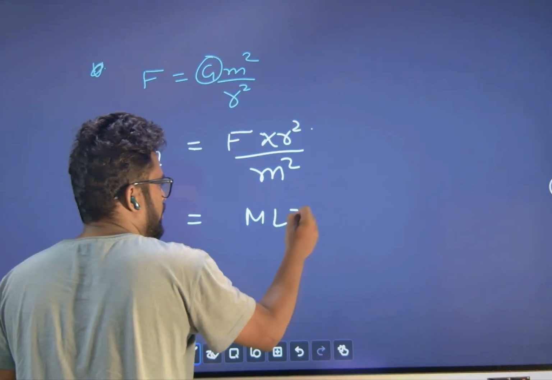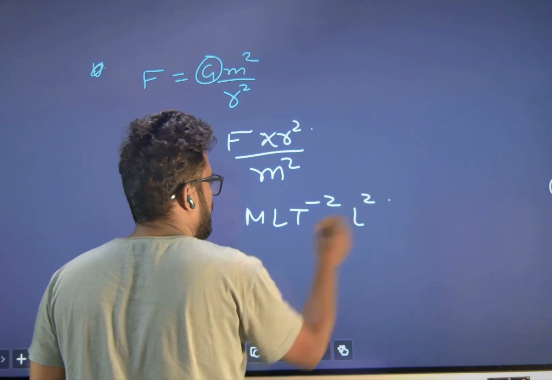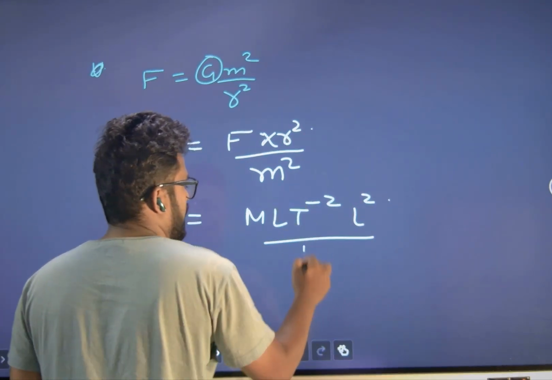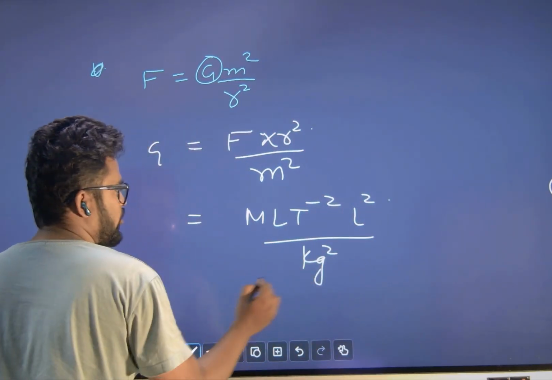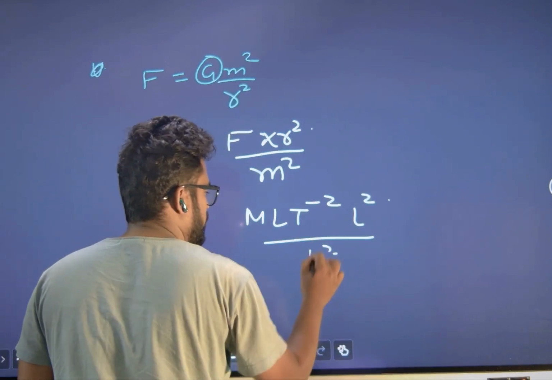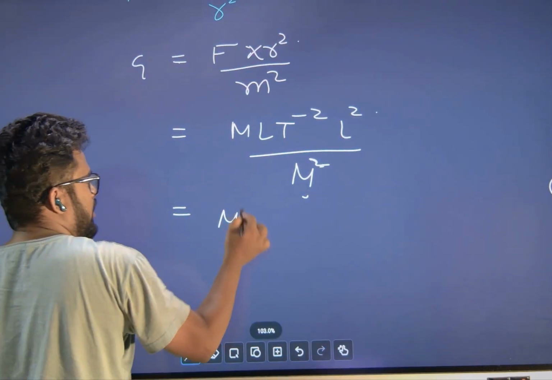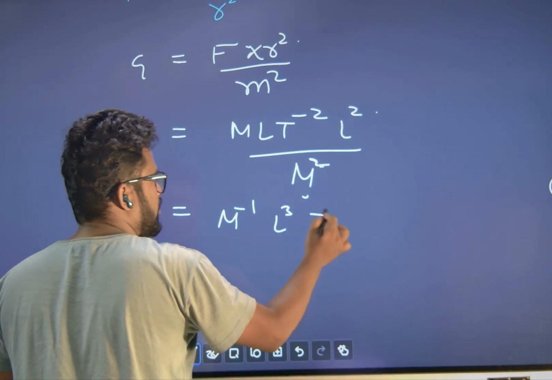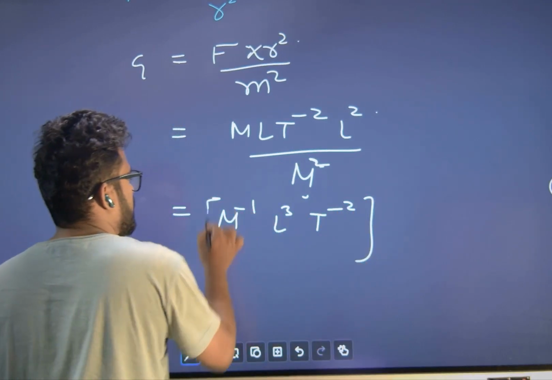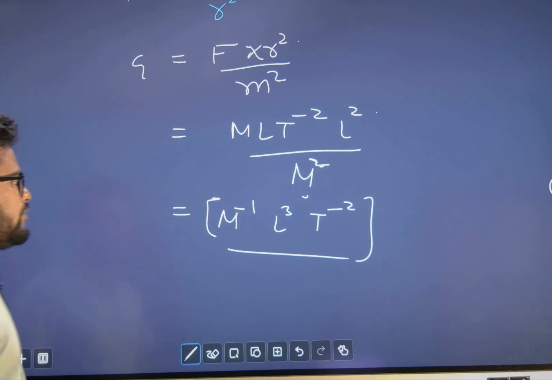Force is MLT^-2, L square, mass kilogram square, capital M square also. So it is M^-1 L^3 T^-2. Clear? Universal gravitational constant also clear.